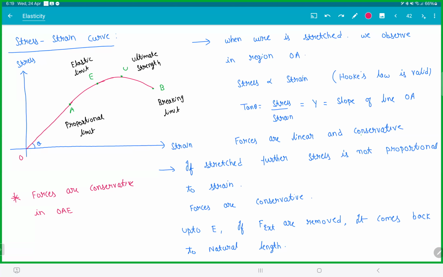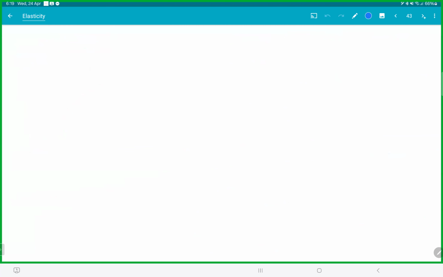Then, once you cross this point, once you exceed E, the material is permanently deformed. If you stretch further, in that region EU, if you go beyond E and if you remove the force, the wire does not come back to the initial position.